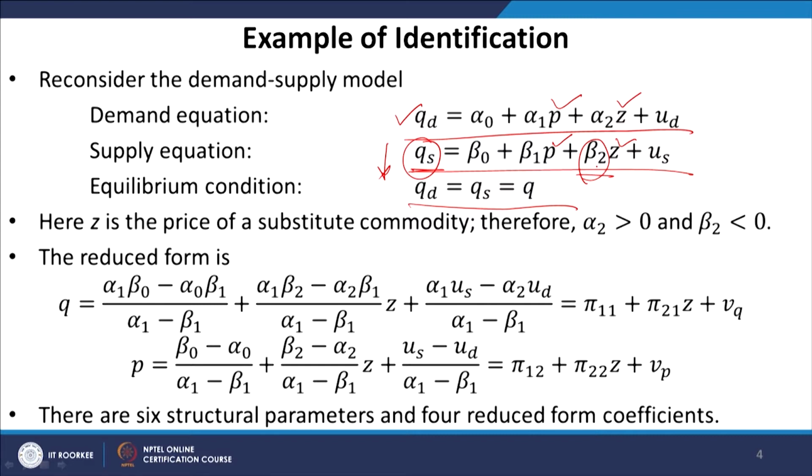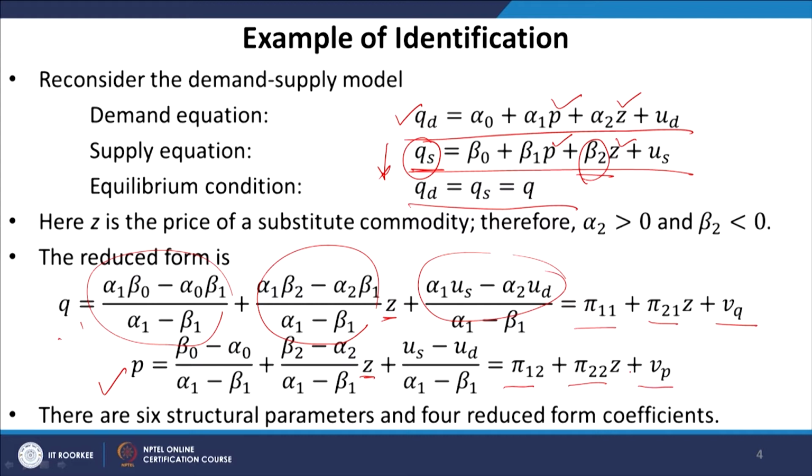Now, we obtain the reduced form, where we express q and p as a function of a constant term, a coefficient on the exogenous variable z, and a combination of the error terms. We denote them by pi 1 1, pi 2 1, v q and pi 1 2, pi 2 2, v p.